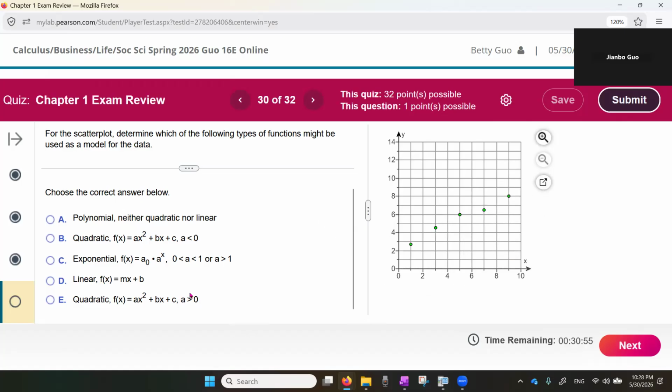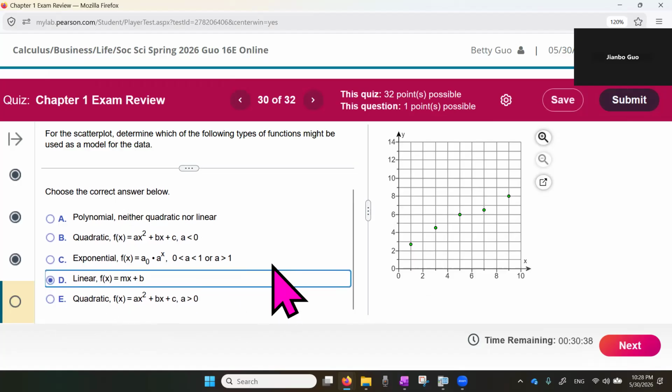Since it's going up, the slope is positive. Polynomial, neither quadratic nor linear. Not exponential. Yeah, I would just choose a linear model. Not quadratic, not exponential. Okay, D.